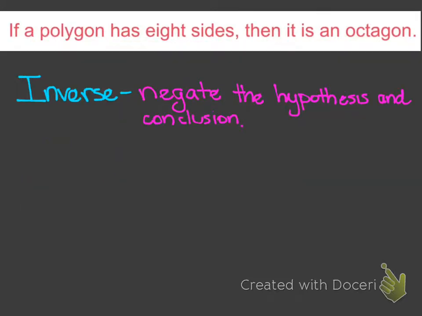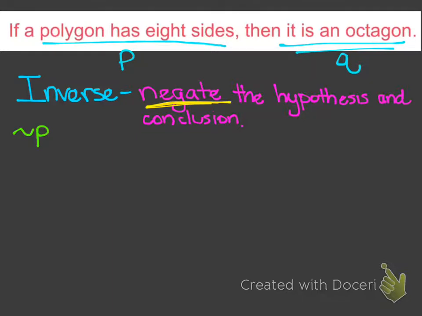Next one is the inverse. For an inverse, I negate the hypothesis and conclusion. So this is the same one we just used. We already identified our hypothesis and our conclusion. Alright, so if we're negating the hypothesis and conclusion, the notation for that is going to say not P, then not Q. So this little squiggle here just means not.